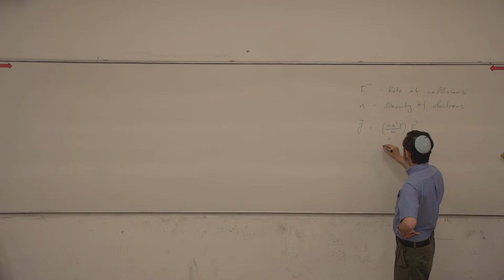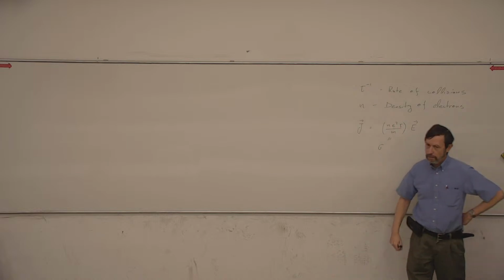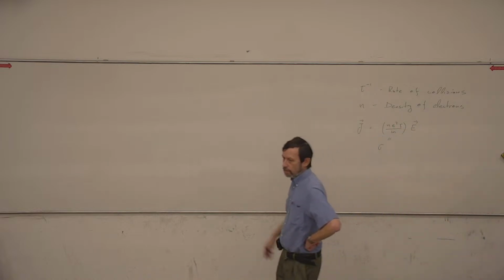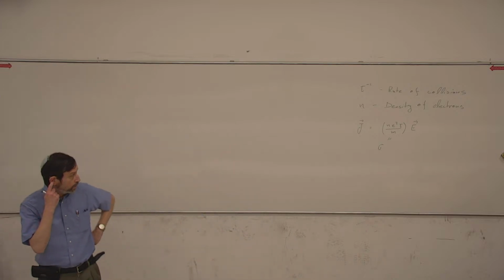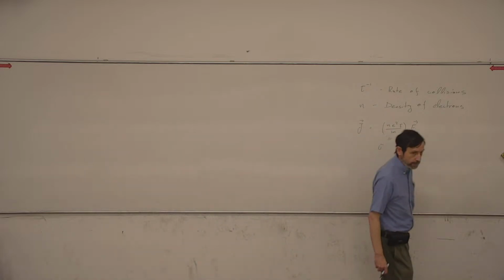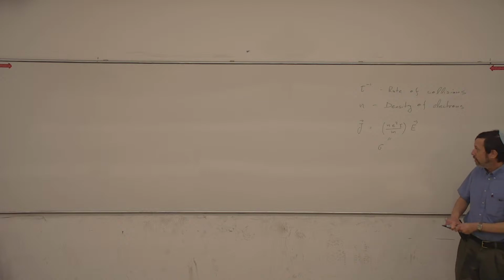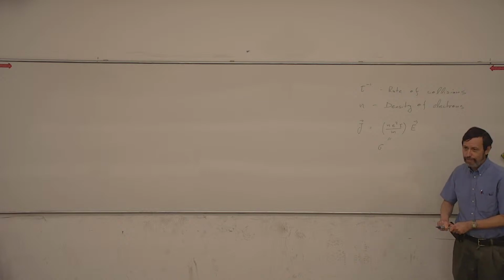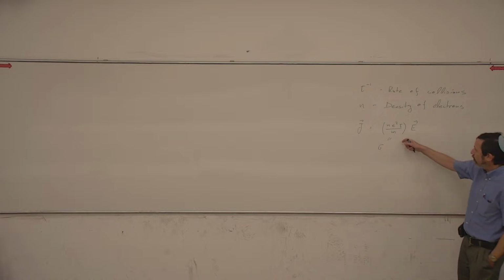which means that the conductance sigma is equal to density times charge squared times tau, the time between collisions, divided by m. Naively, we believe that e and m we know. It will turn out that we really don't know m, but let's leave it for the moment.